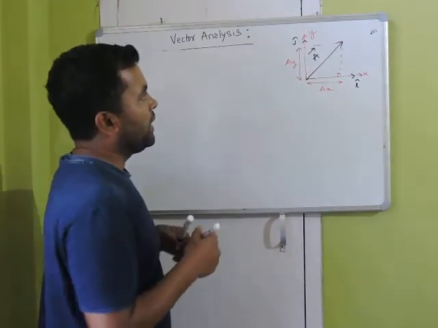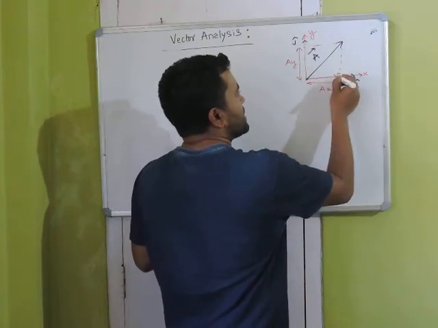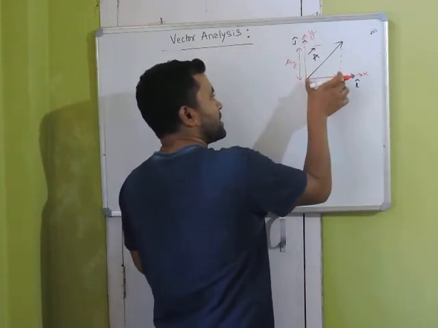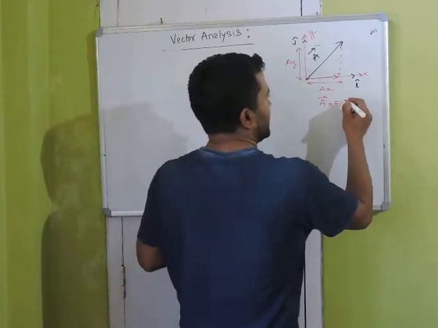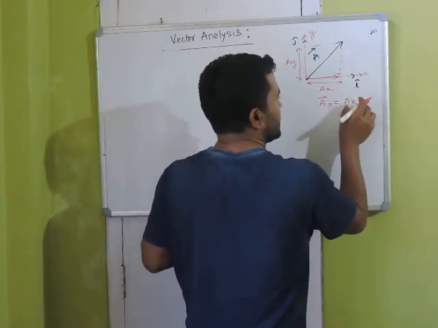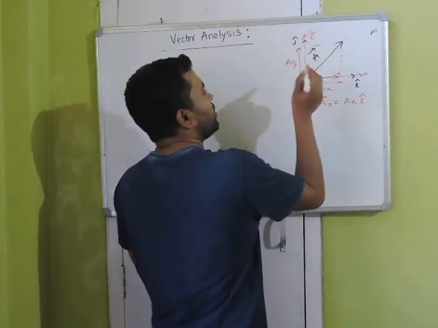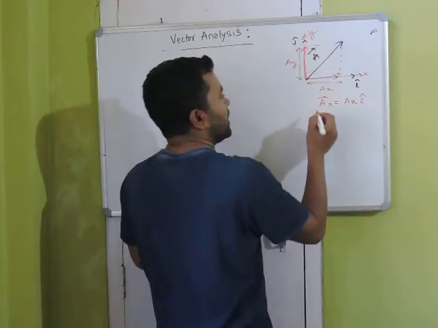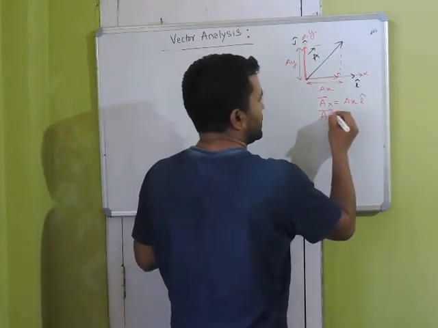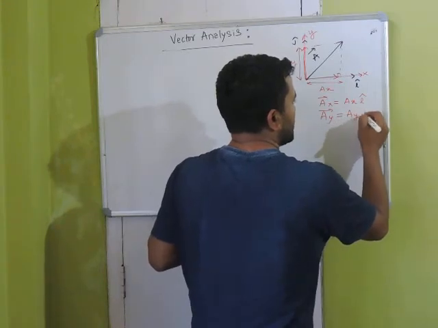So you can imagine one vector Ax acting in this direction, and that vector Ax will be Ax times i cap, and you can imagine one Ay vector acting in this direction, and that Ay vector is equal to Ay j cap.